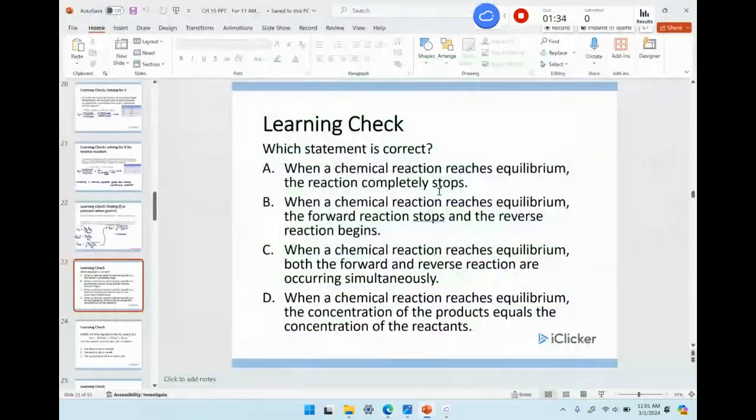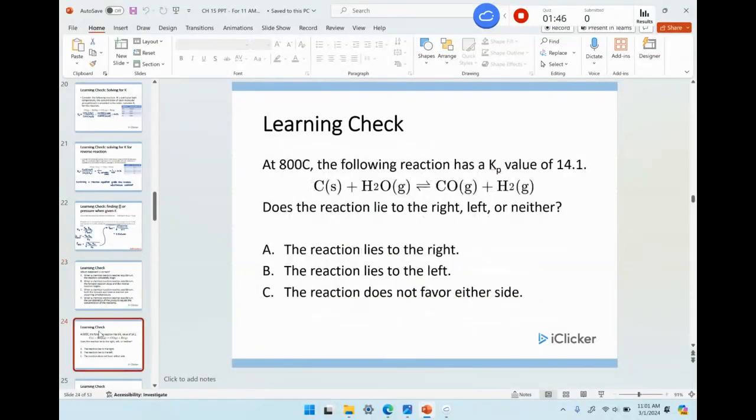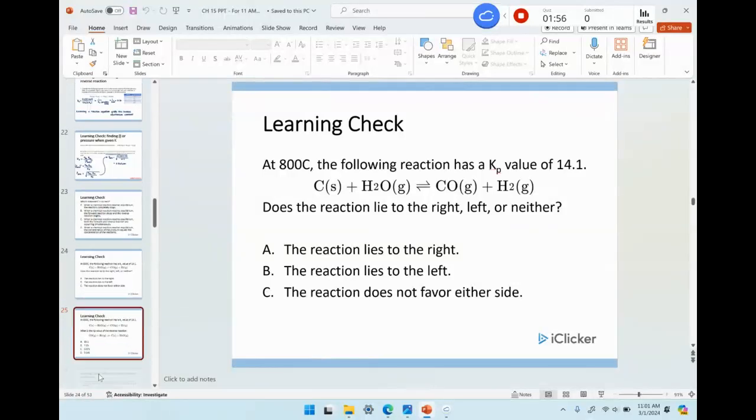And we're going to start with iClickers today. I have 3 I've already sent out to your devices. This first one, thinking conceptually about what it means for a reaction to be at equilibrium. I will leave this page up because I know sometimes it's small on your devices. Second one, we've got a reaction and equilibrium constant value. Determine if it lies to the left, right, or neither.